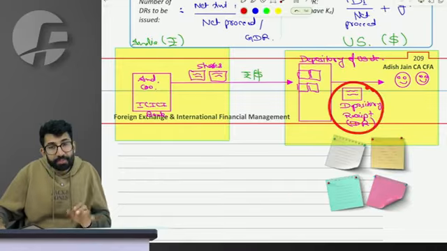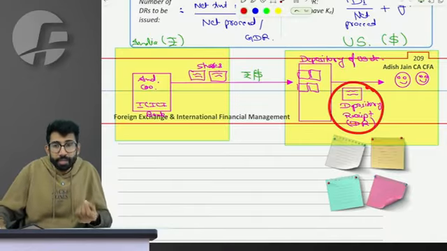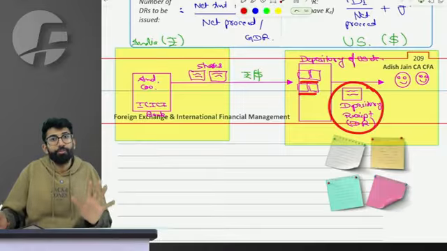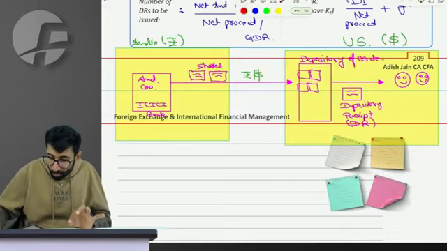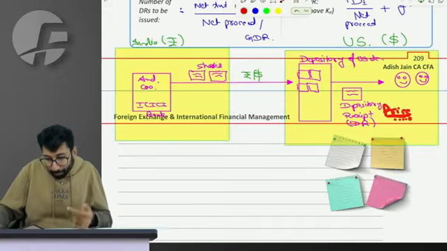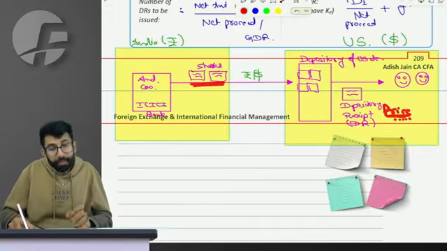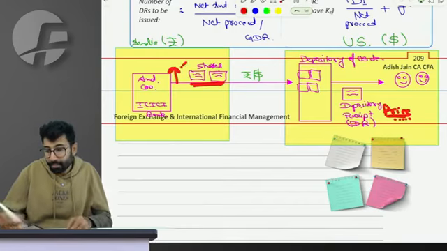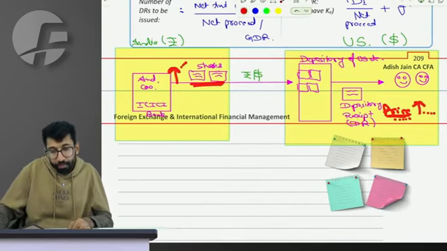Each depository receipt might have a claim over 1 or 2 or 4, whatever number of shares. So the price of this depository receipt depends on the price of the share in India. For example, if the price of shares in India increases, the price of the depository receipt will also increase, and so on.